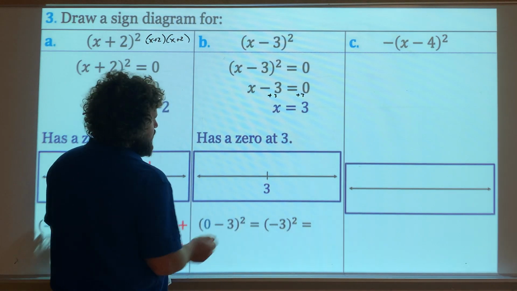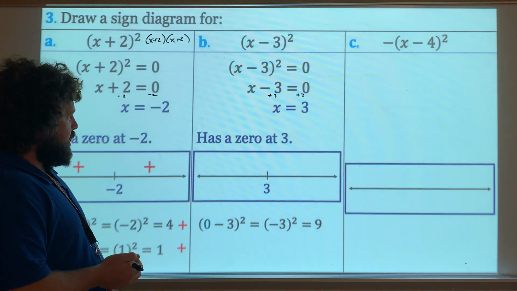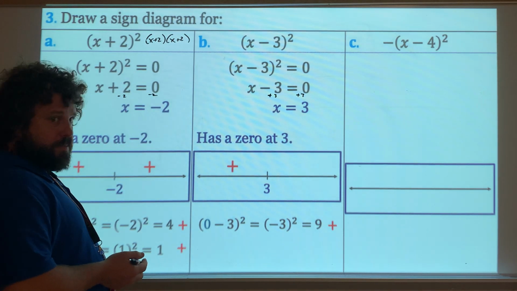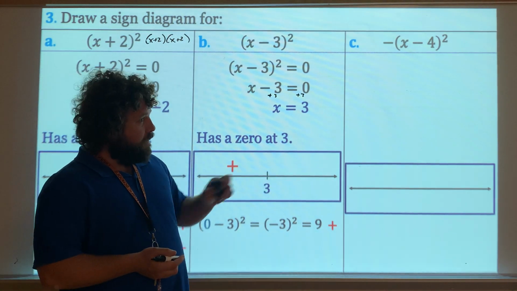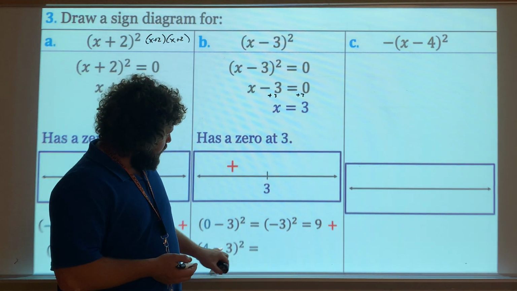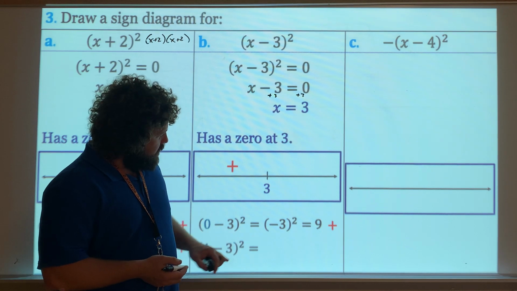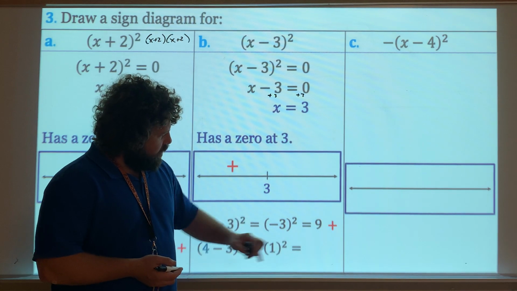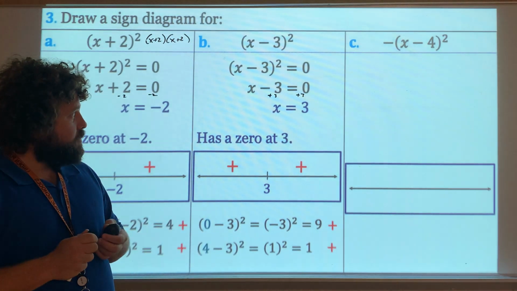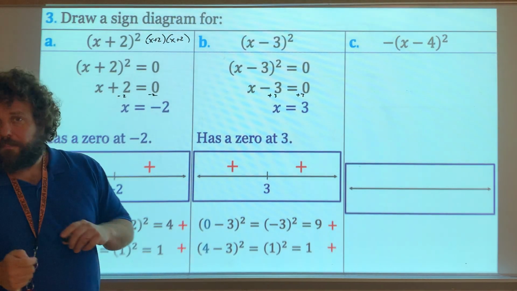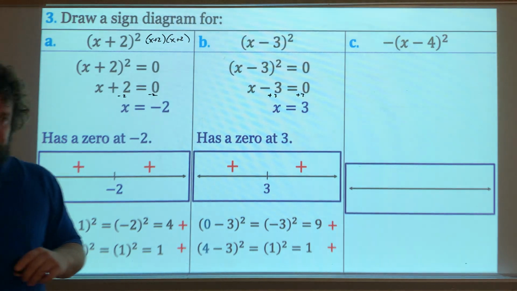Negative 3 squared is 9. 9 is a positive number. Right? Pick a number greater than 3. 4. 4 minus 3 is 1. 1 squared is 1. And what is 1? 1 is a positive number. Right? All there is to it.